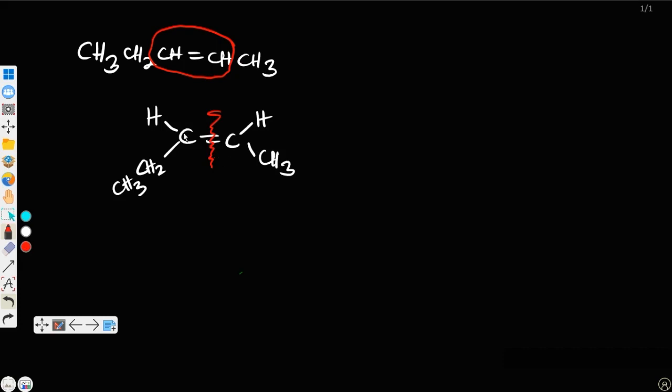If you look at this carbon here, what is attached to it is hydrogen, right? And what is attached here is carbon. So in this case, carbon has a higher atomic mass than hydrogen. Priority is assigned in accordance with atomic mass. Since carbon has a higher atomic mass than hydrogen, it definitely means that carbon will have the highest priority.